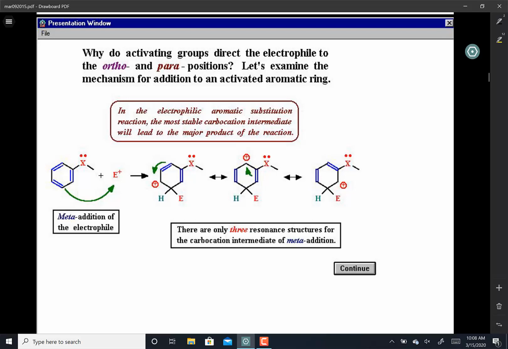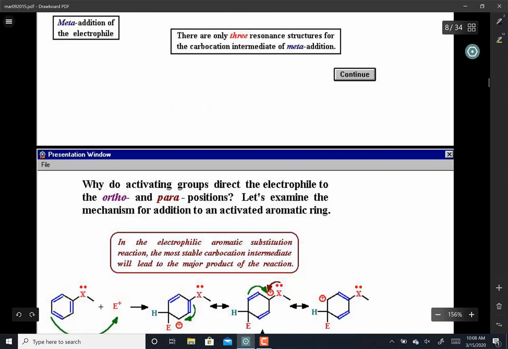So it favors ortho addition as opposed to meta addition, simply because the fourth resonance structure forms, and that gives me more resonance structures for the intermediate, which then gives me a more stable intermediate.